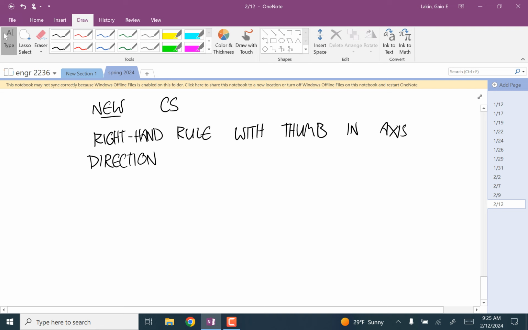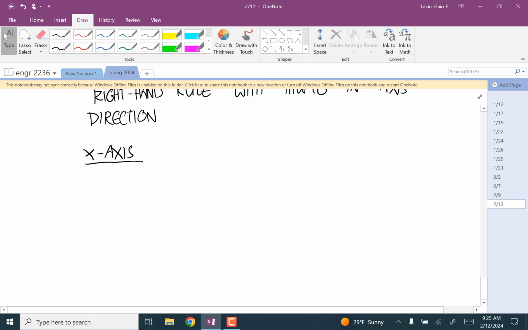Okay, so if you're rotating about the x-axis, let me just draw it with the x-axis coming out towards us and the y-axis up and the z-axis this way.